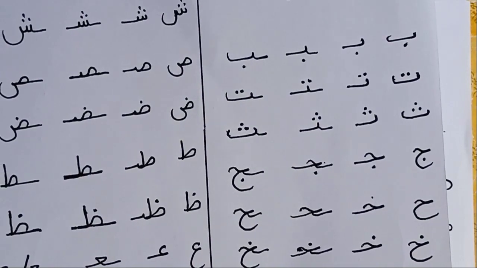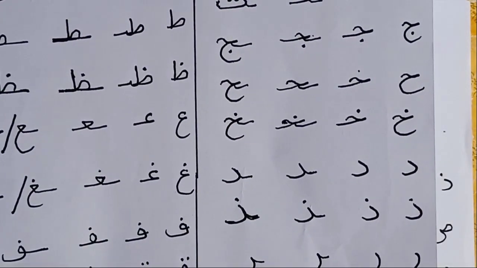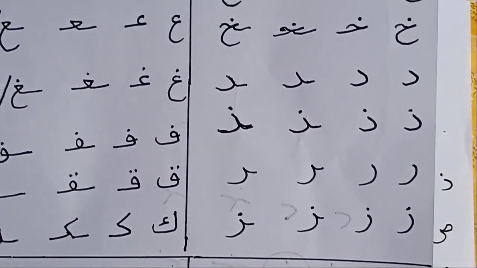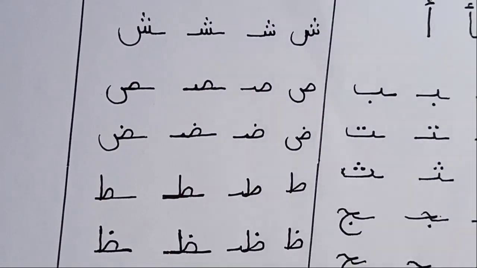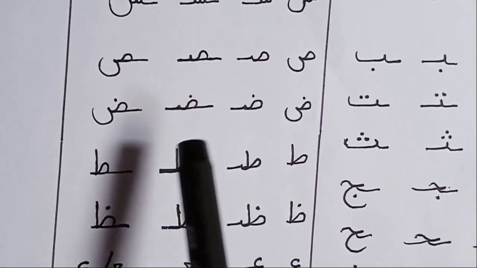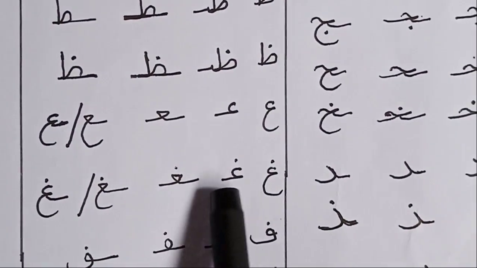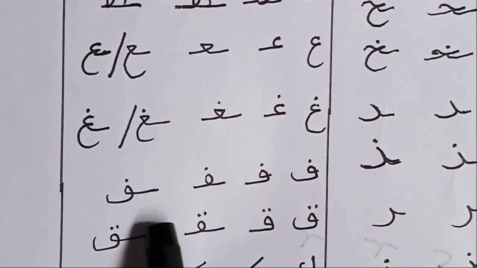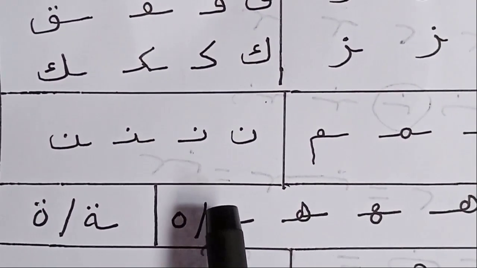As you can see, we have the division of Ba, Ta, Tha, Jim, Ha, Kha, Dal, Ra, Zain, also Sin, Shin, Sad, Dad, Ta, Za, Ain, Ghain, Fa, Qaf, Kaf, up to Mim, Noon, then Ha.